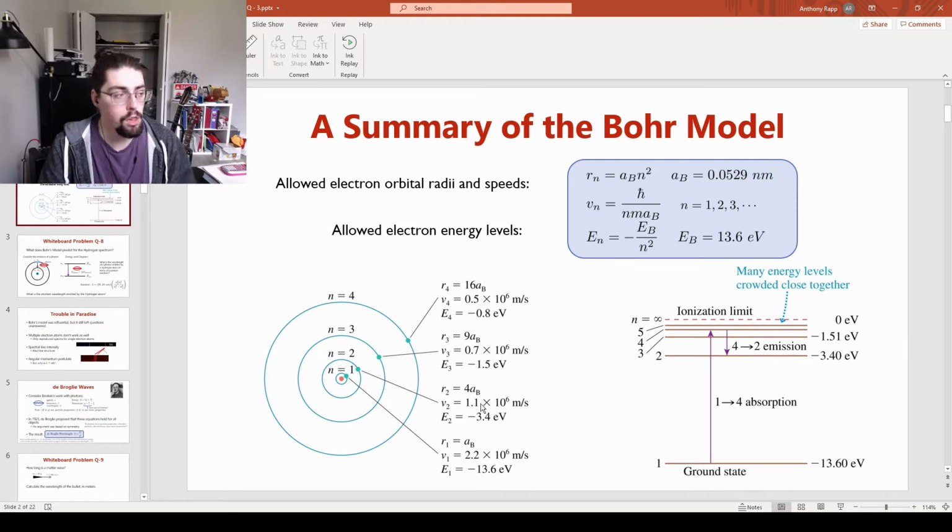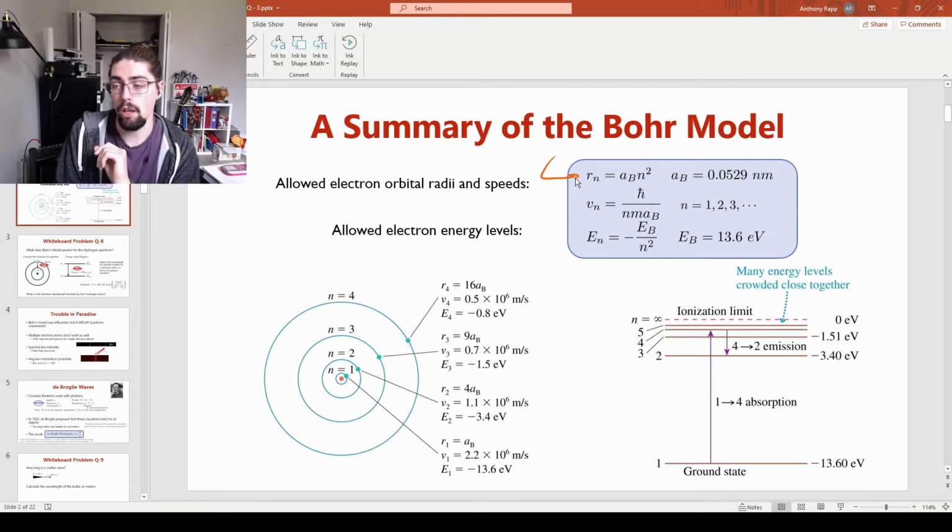Basically, we said, okay, if there are only allowed to be very particular angular momentums, and if the electron orbits around the atom because of the electric force, then by quantizing that angular momentum, we end up with very, very specific radii and tangential velocities that the electron is allowed to be in. No other places is it allowed to be in, right?